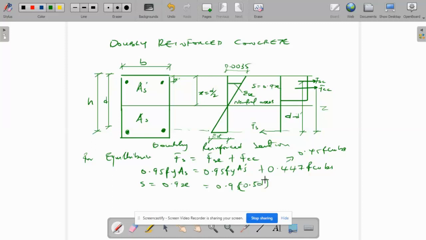This should be equal to 0.45d. Multiply this by this, we get this.